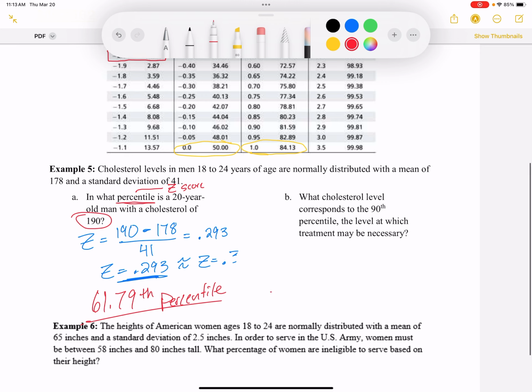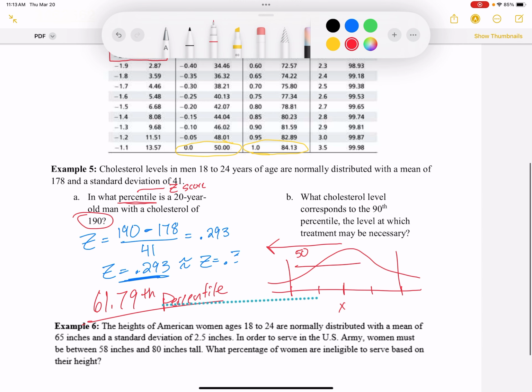If I'm just looking at the normal curve and thinking about where this is, I know if this is the mean, there's 50% below the mean. If he's in the 90th percentile, then if I go 2 above the mean and 2 below the mean, from here to here is 95% of the data.